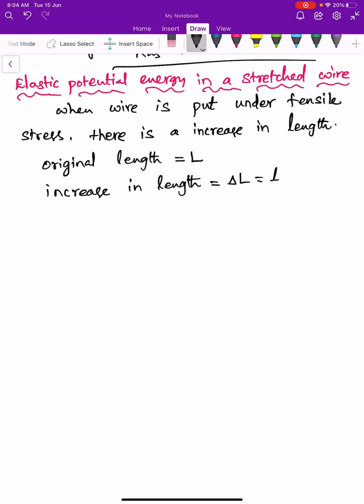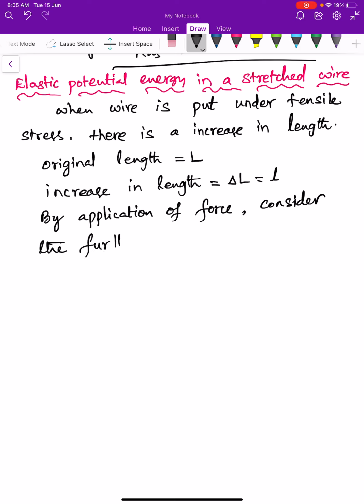And by application of more force, consider the further increase in length is equal to delta small l.